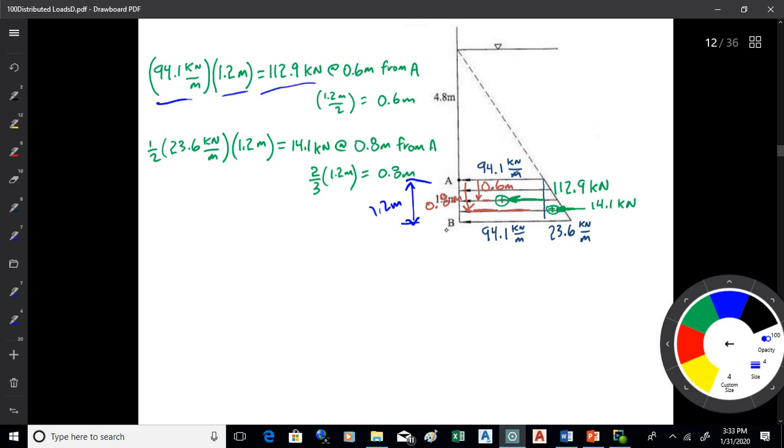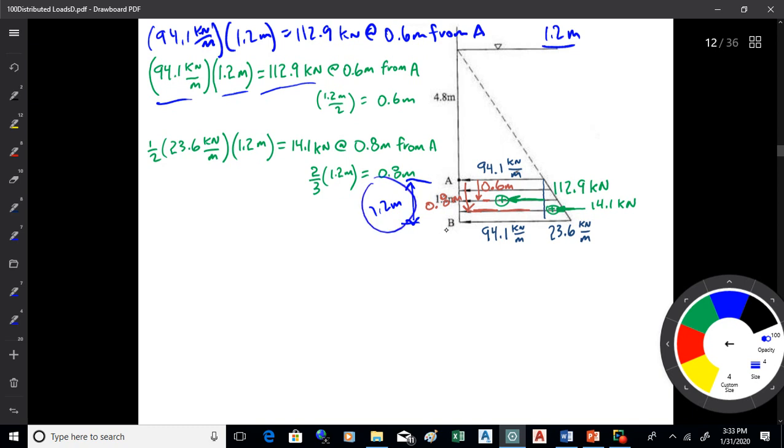That's 112.9 kilonewtons at 0.6 meters from A. The way I'm getting that is I'm taking the 1.2 meters and taking half of it because I have a rectangle. So that's where the 0.6 comes from.